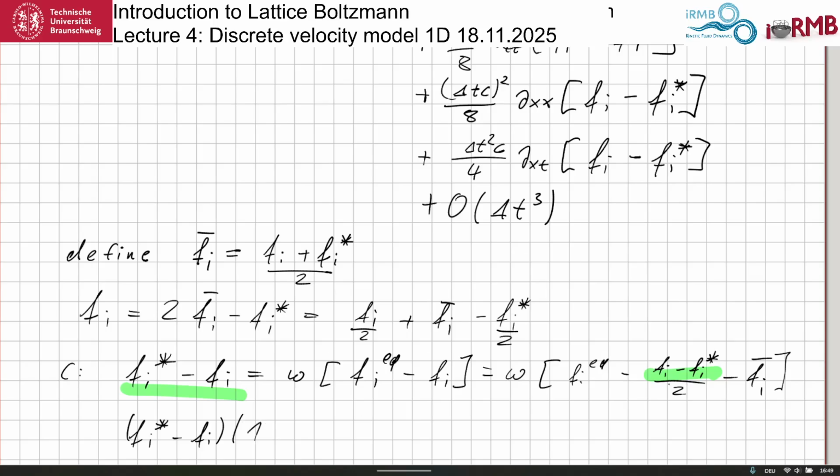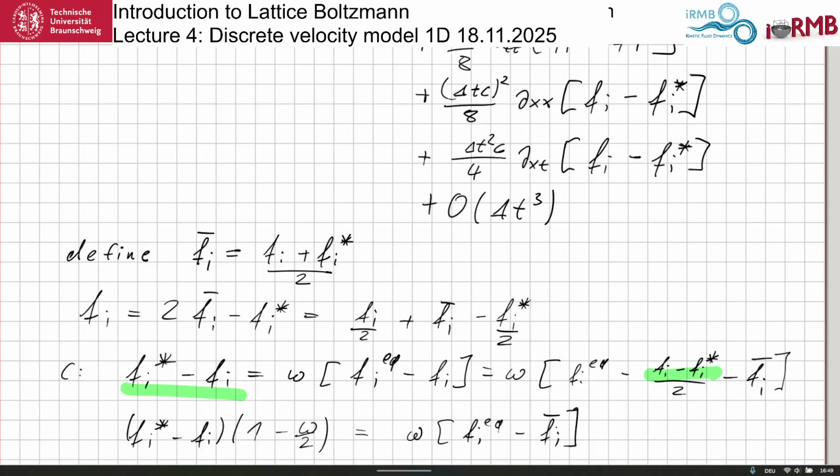And now there's the opposite sign. There's an omega here, and there is a 1/2, so because of the opposite sign, and we put it to the other side, it's twice minus, so it's omega 1/2, right? And this is equal to omega fi eq minus fi bar.